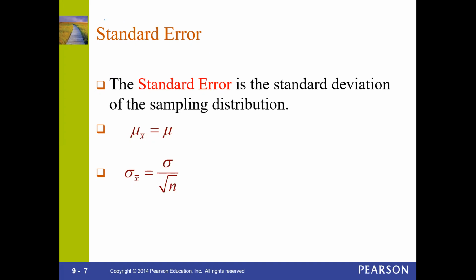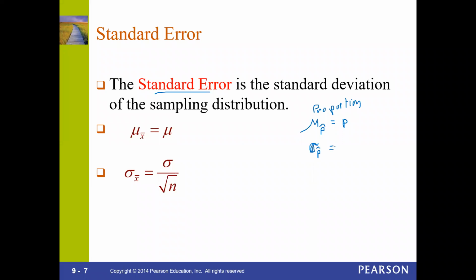If I can remind you a little bit of the standard error from before, we had mu p hat equal to p, something like this. And if you remember, that was for a proportion. And also we have sigma p hat.